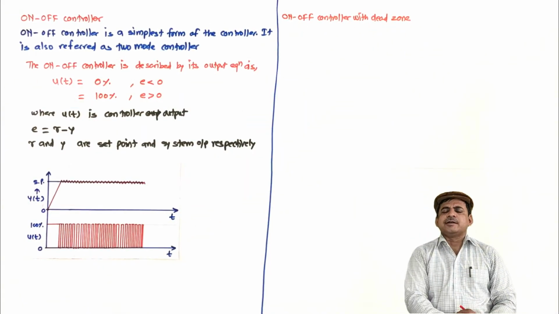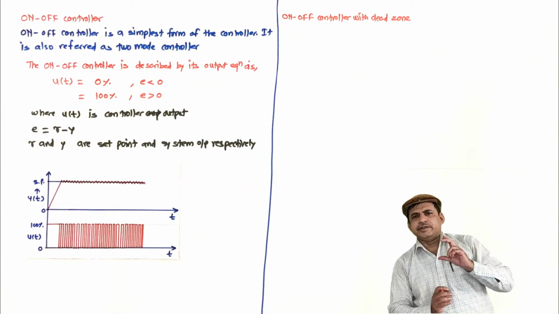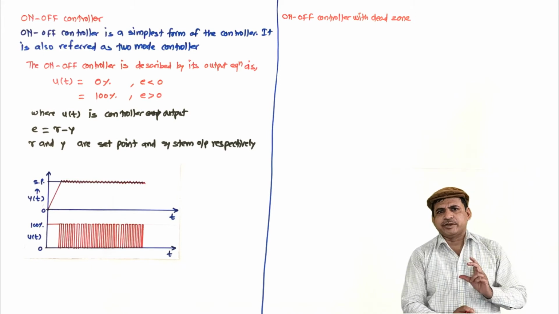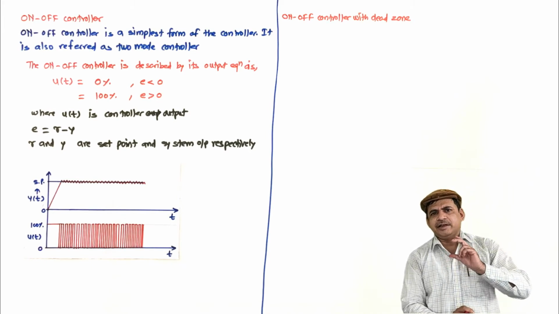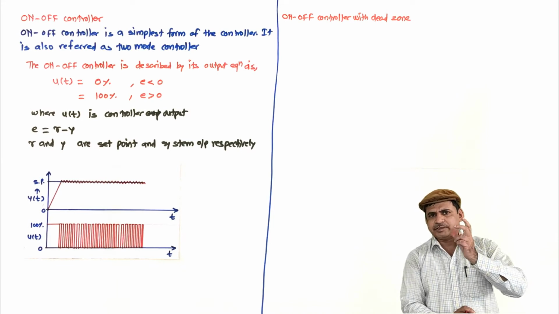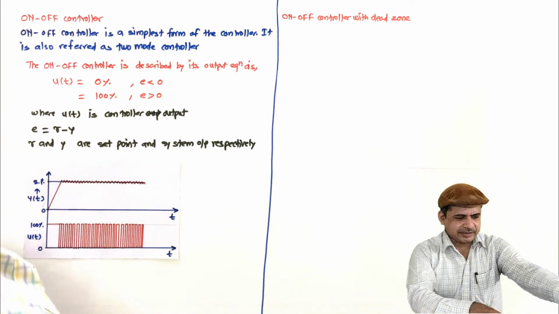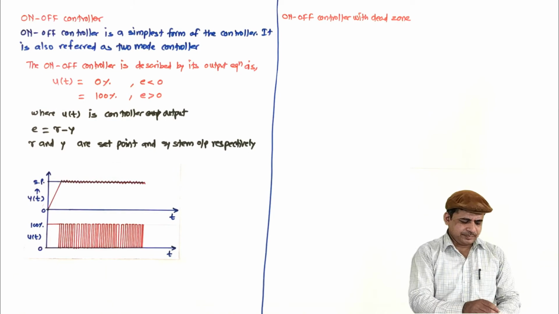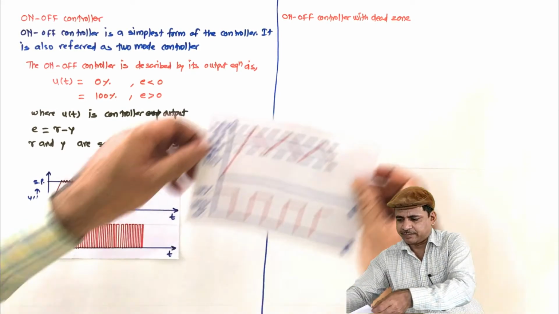In this controller, a predefined dead zone is introduced on either side of the set point, and its characteristic can be shown by this diagram.